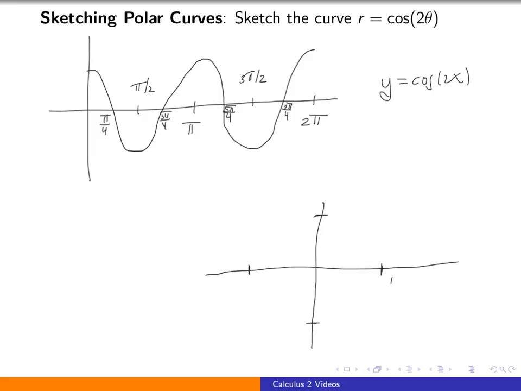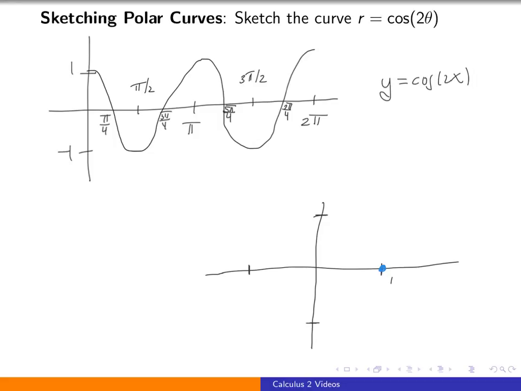And we're going to approach this in a very methodical fashion. What we are going to do is first focus on what's happening from theta equals 0 to pi over 4. Note this curve is oscillating between -1 and 1. So when theta is equal to 0, your r value is 1. That places us right here.